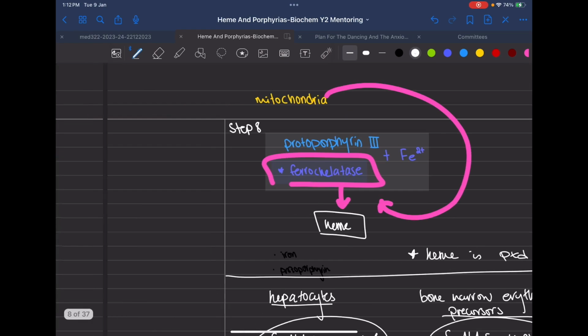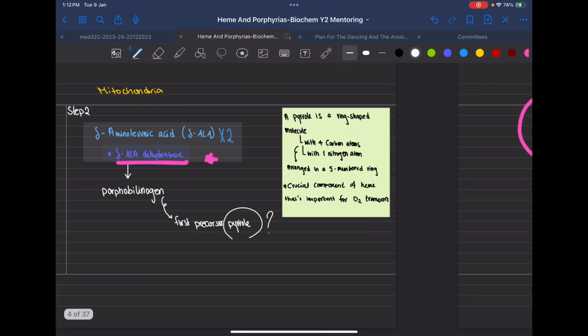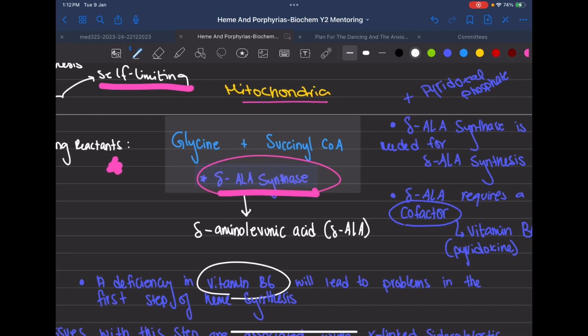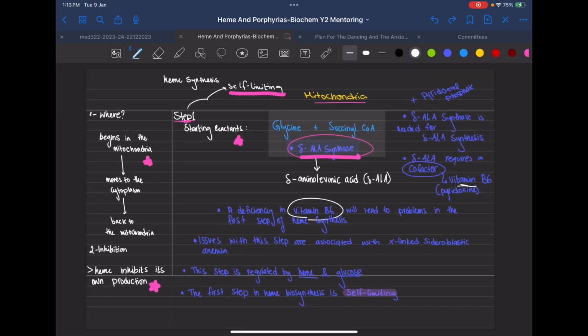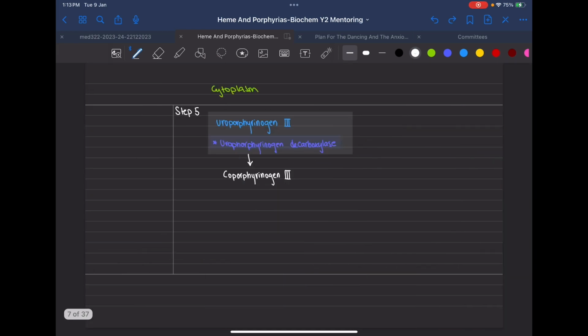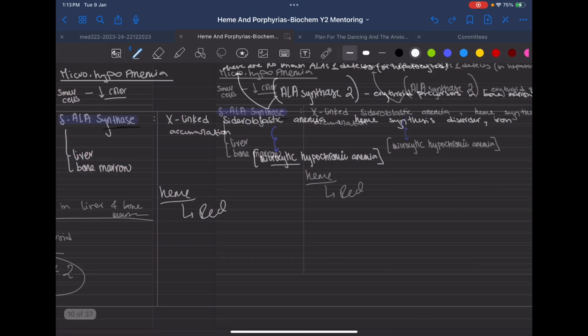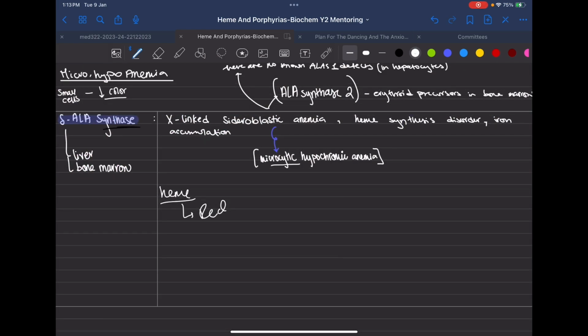So if we are stopping at the very first step, if the condition of vitamin B6 or the condition of this enzyme is not being met, then we can't produce heme. If we don't have enough heme, then we can't have enough of the coloring. This is why a deficiency in the delta ALA synthase enzyme is going to result in microcytic hypochromic anemia. Sideroblastic is a type of that anemia.